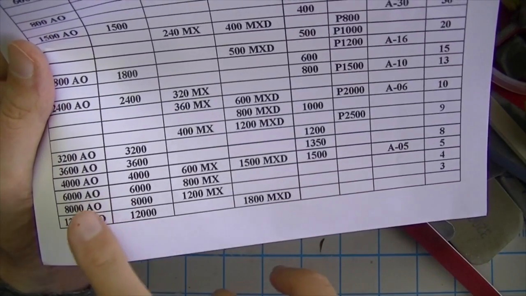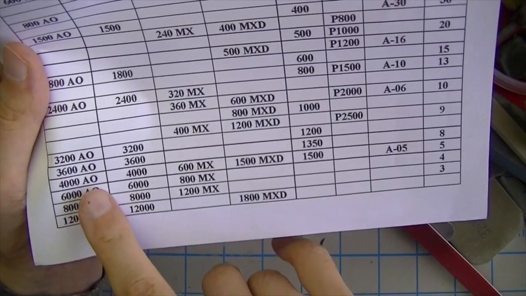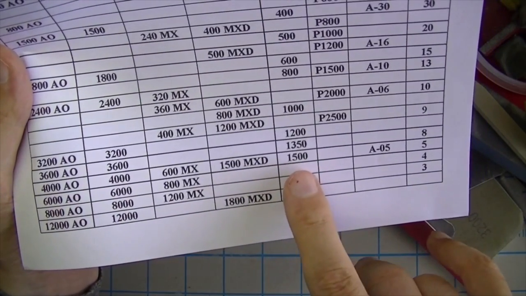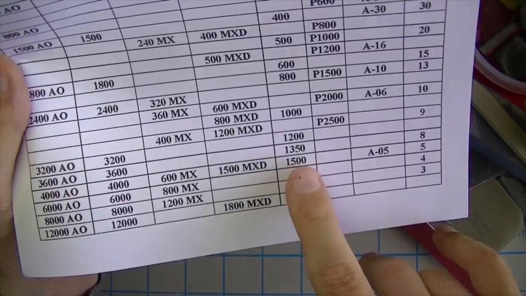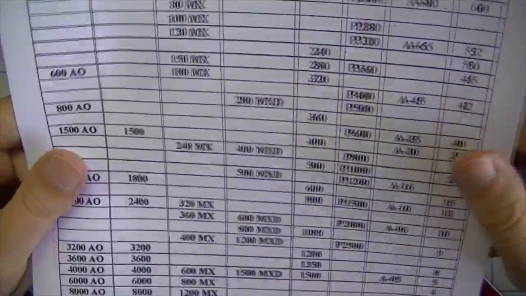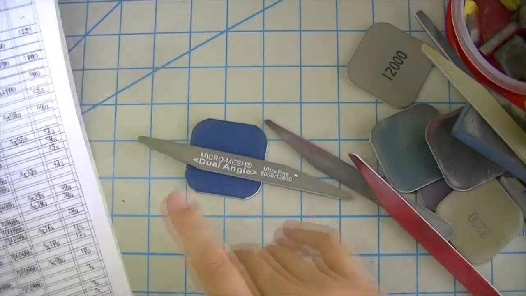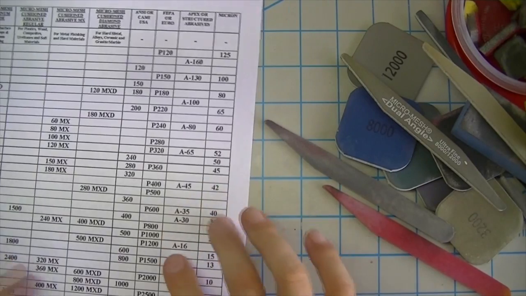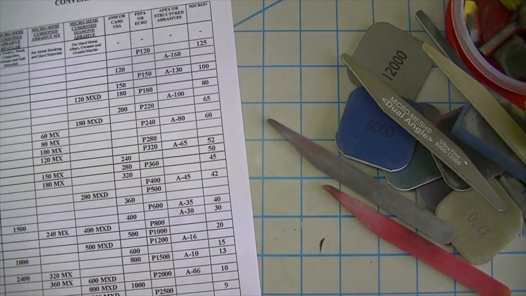But for example, 4,000 grit, which sounds really awesome, is in fact not any better for you than a 1,500 grit American sandpaper. So there you go. If you've ever been confused about sandpaper grits, and who knows, maybe I'm the only one, that is the answer. Okay, so there you go. More than you ever wanted to know about sandpaper, right?